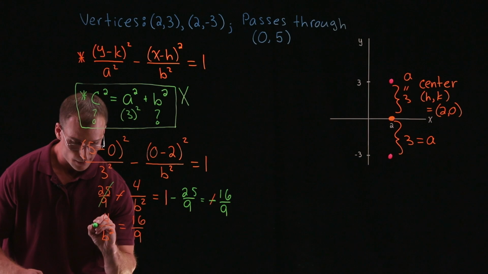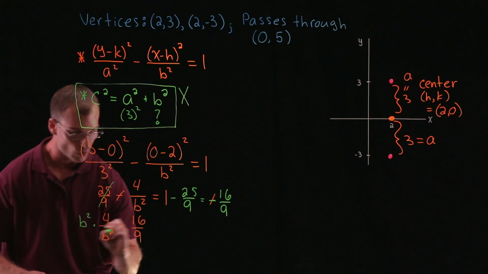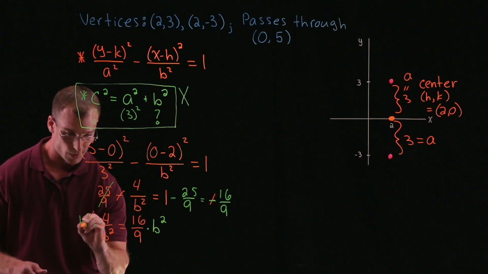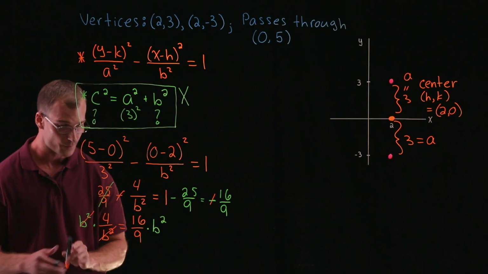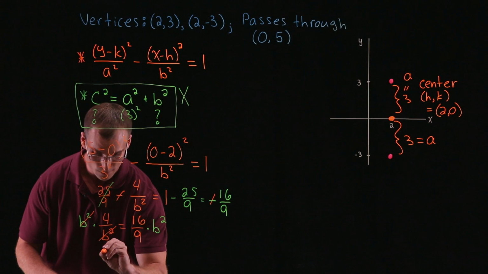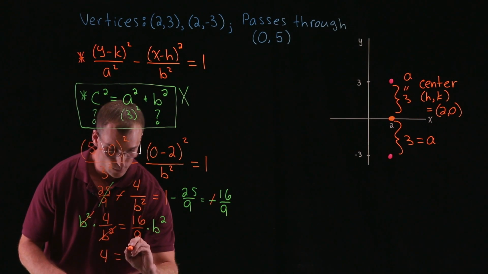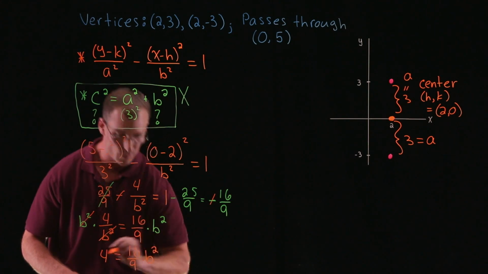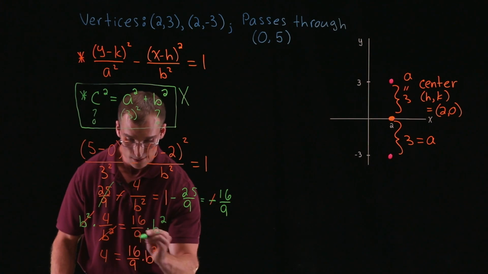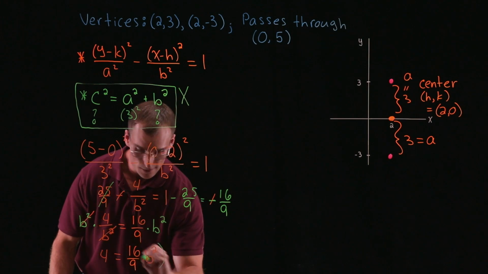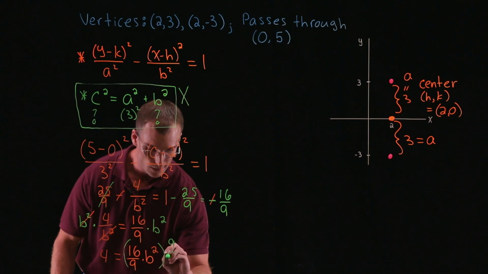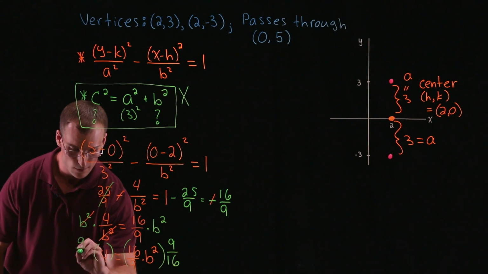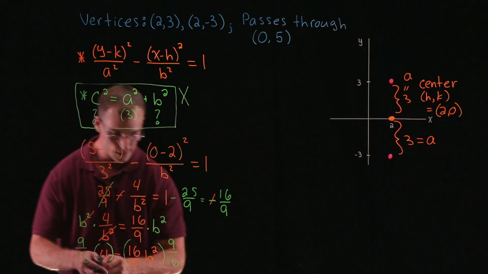So let's start by multiplying both sides by b squared, where the b squareds will cancel over here. So that's going to give us 4 is equal to 16 over 9 times b squared. And we want to get rid of the 16 over 9 here. So on this side, we'll multiply by 9 over 16 and do the same thing over here.